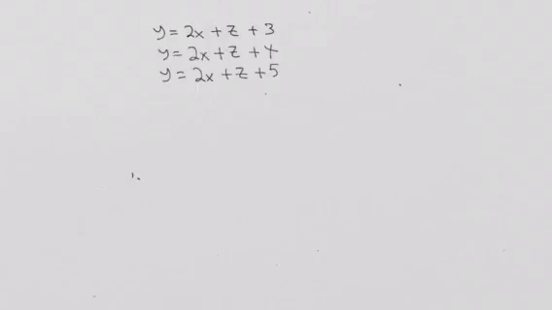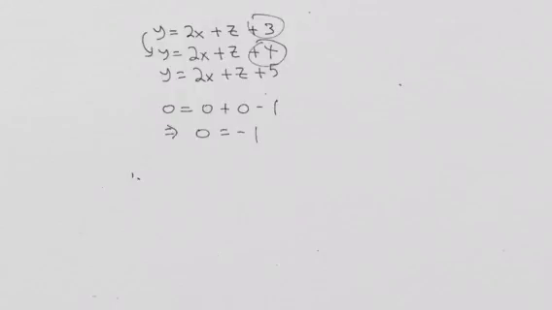This is going to be inconsistent, because if I subtract the second equation from the first, in these two equations, I'm going to get 0 equals 0 plus 0, and I'm subtracting 4 from 3 minus 1, and that gives me 0 equals negative 1.